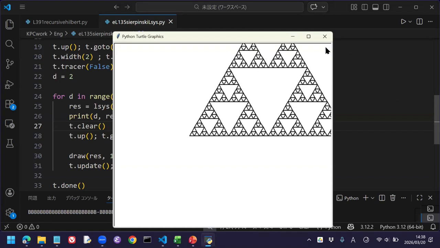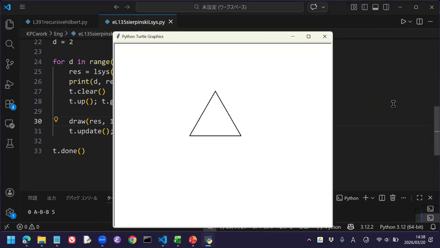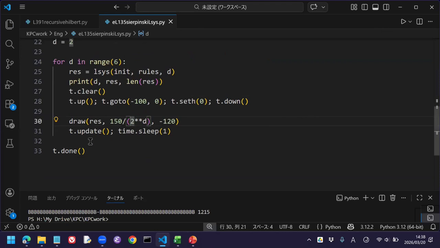It's growing, so maybe the magnitude should be, instead of 1.6, changed to 2. Good. Now we can say this is Sierpinski gasket. We need 200, minus 200.